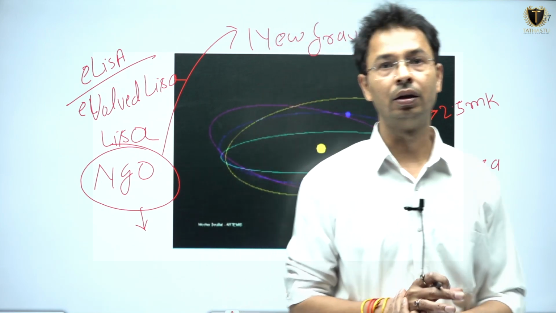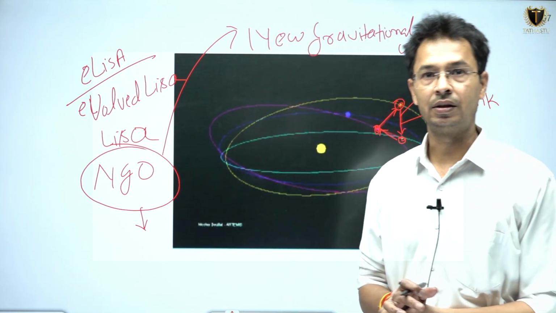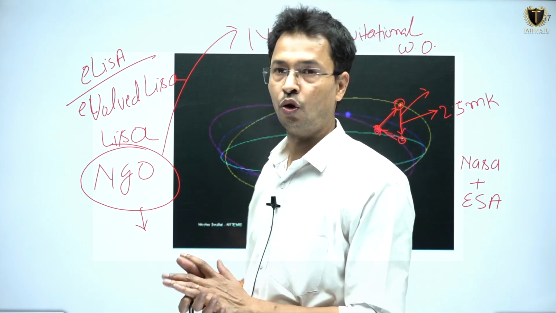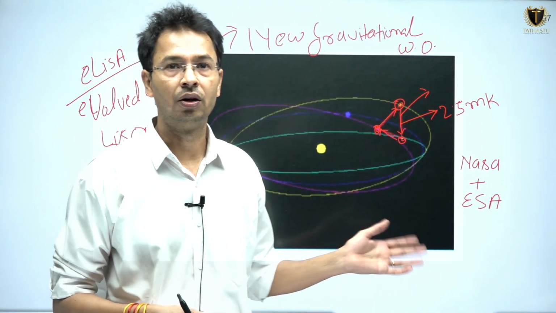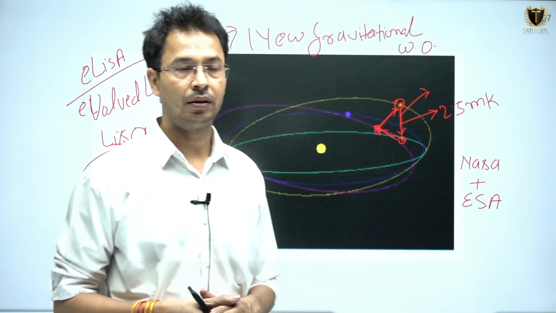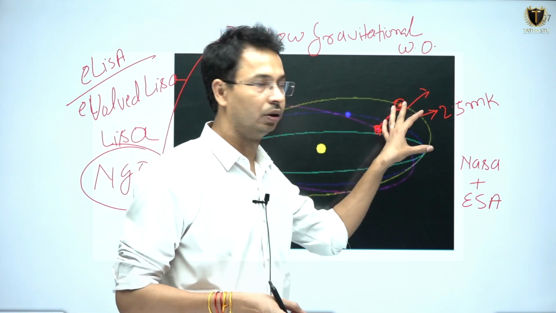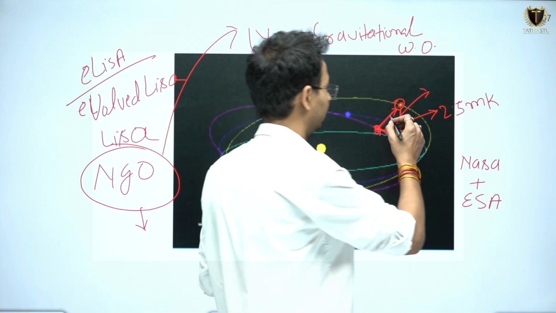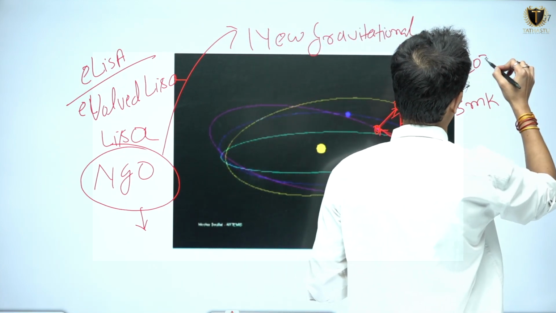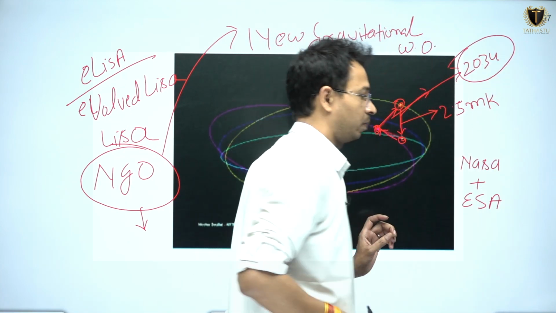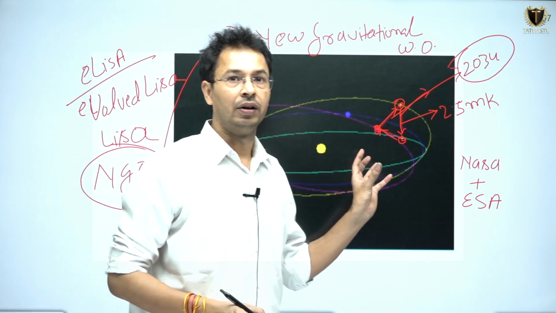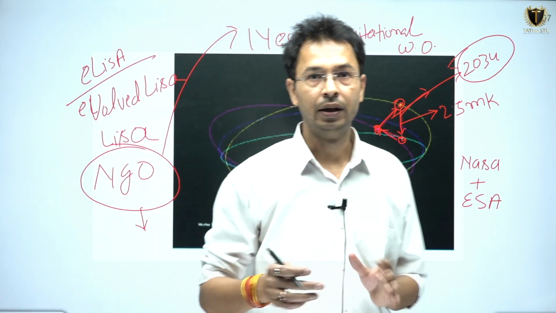NASA told that we have a scarcity of funds and we are backing out. Now only the European Space Agency is working on this project, and they are determined to work on it. They are planning that they will send this LISA to space by 2034, so that they can detect the gravitational wave in a more accurate way from space.